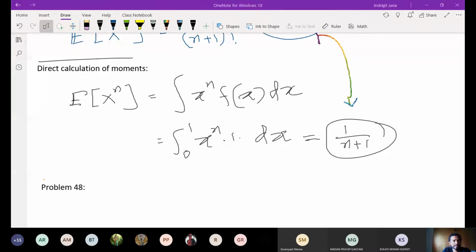Prove 4.7.5 using mathematical induction. So what is 4.7.5? Okay, it is some relationship about the covariance. So it says 4.7.5, right? So let me see.